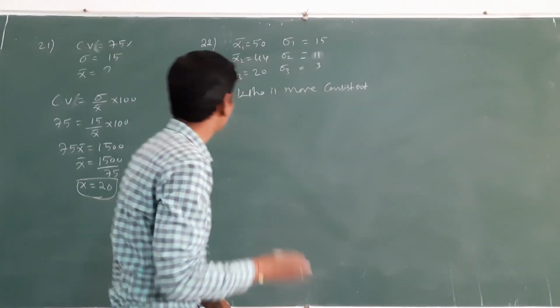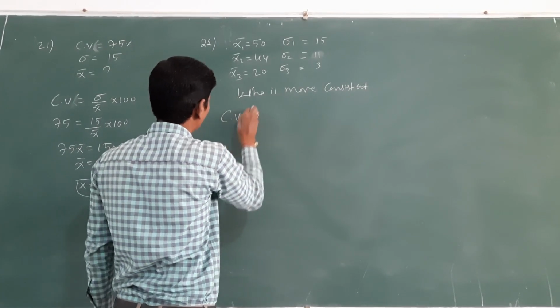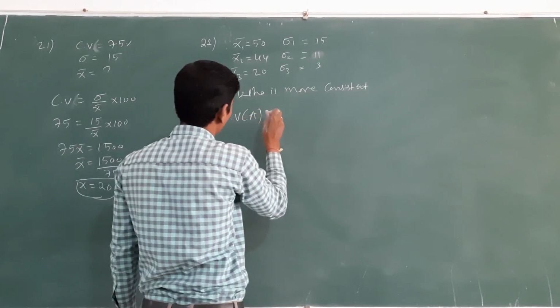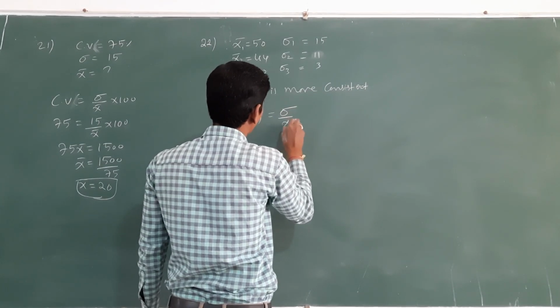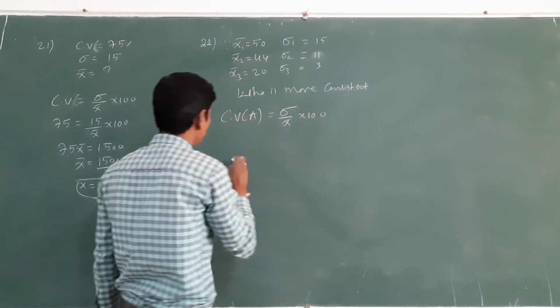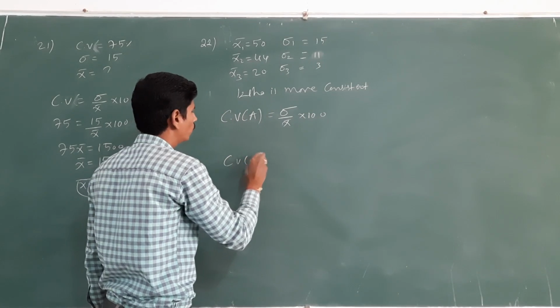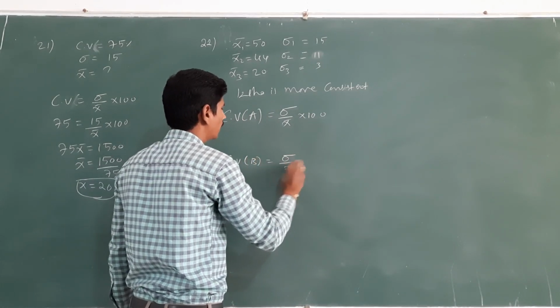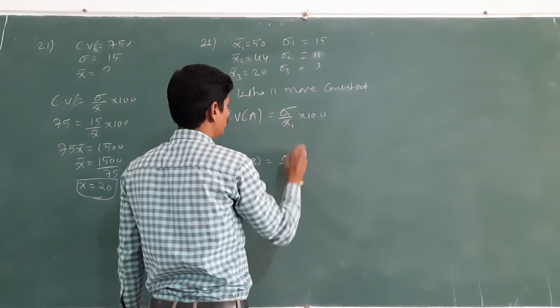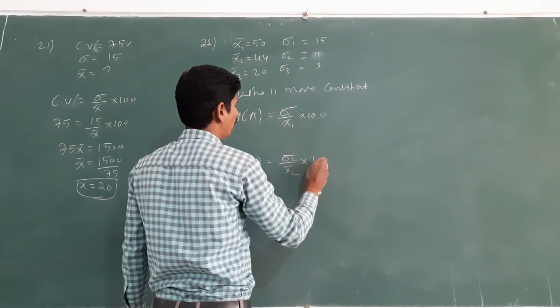Here we have to find CV for A, which is sigma by x bar into 100. Next, CV for B equals sigma 2 by x2 bar into 100.